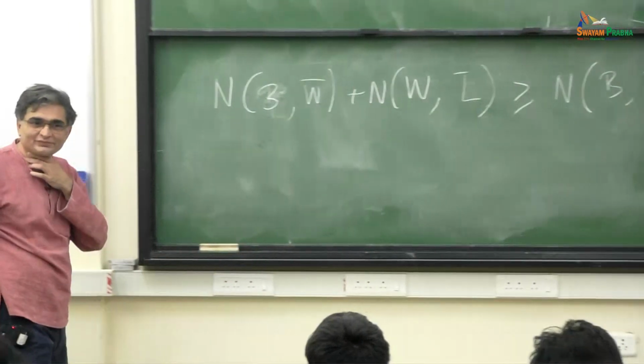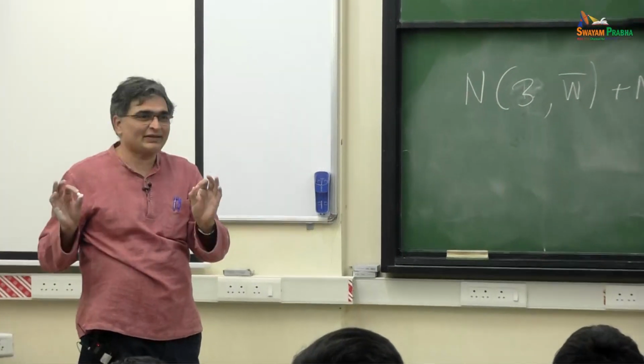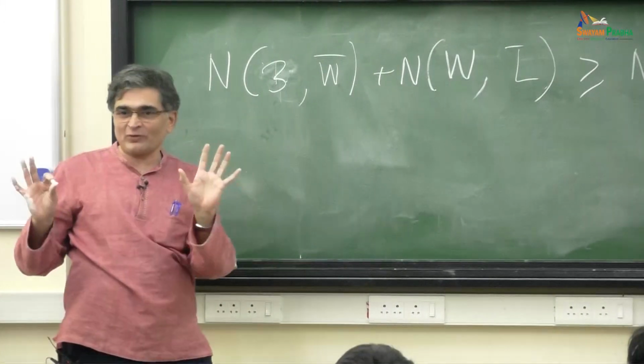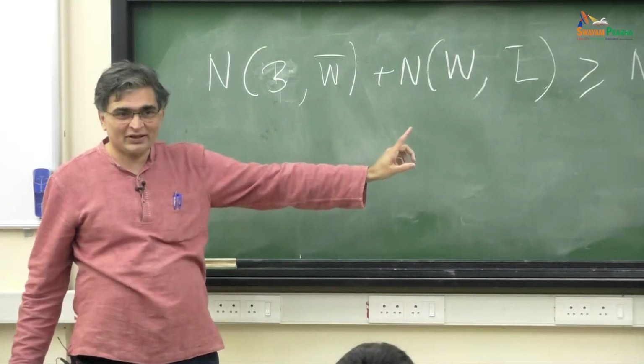Yeah, correct. So we have seen that if you form a set of objects that have binary, measurable properties, then this inequality is satisfied.